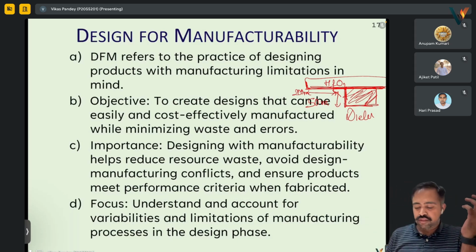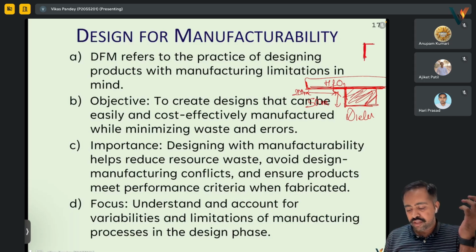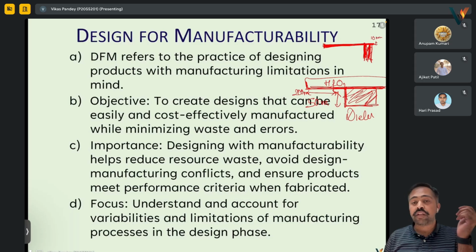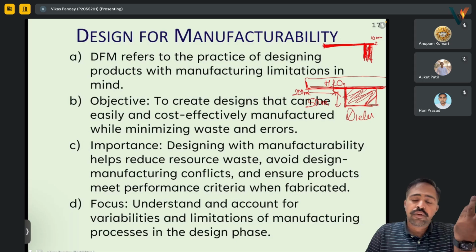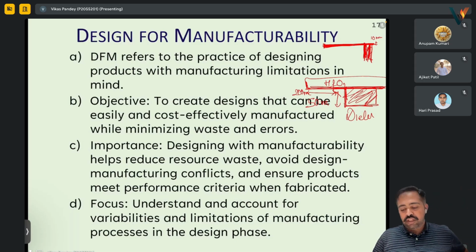So if we have a support of this size and we have an overhang much larger than this, and the thickness is also very small, say 10 nanometer only, it might not sustain, or it will not sustain actually if we are thinking practically.